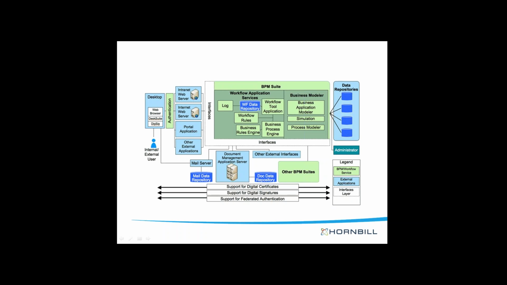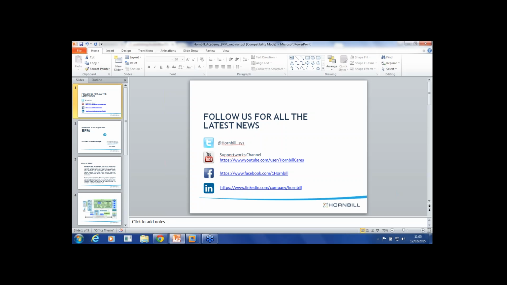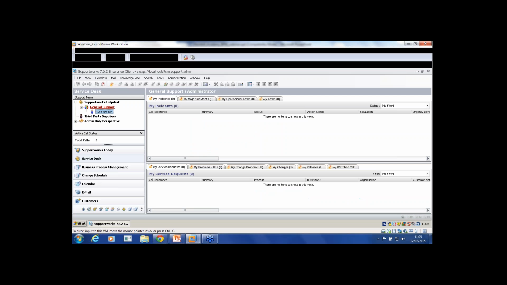This workflow, application service, and business model describes exactly how the BPM works in general and in Supportworks as well. It's the business process manager, based on workflow rules. It follows logic, and it's important to understand how this logic works in order to set up your business process correctly in Supportworks. Without further ado, I will go to Supportworks straightaway.